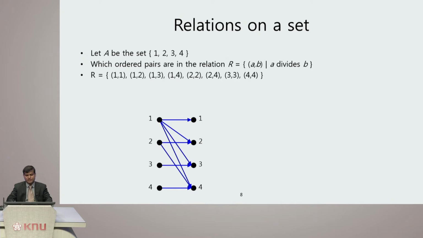So 3 is related to 3, 4 is related to 4. So this whole relationship is established by means of this condition, a divides b.